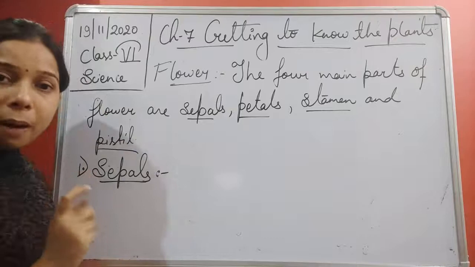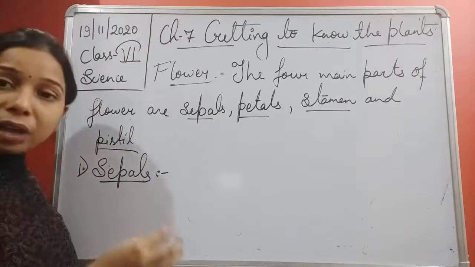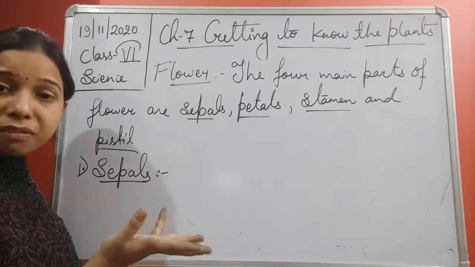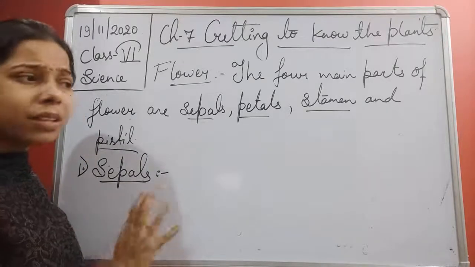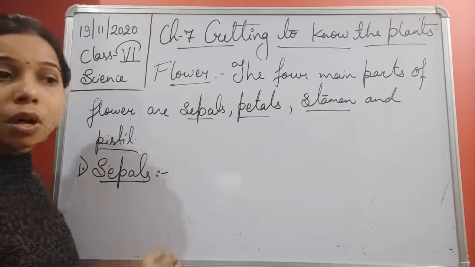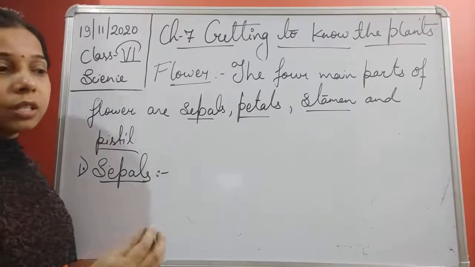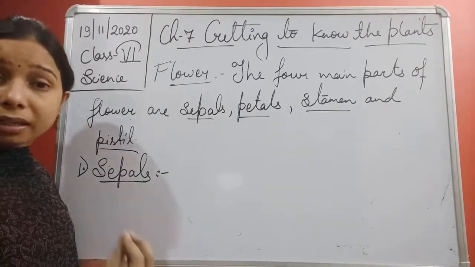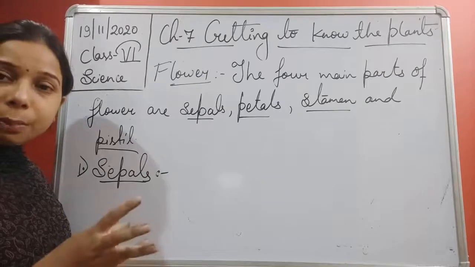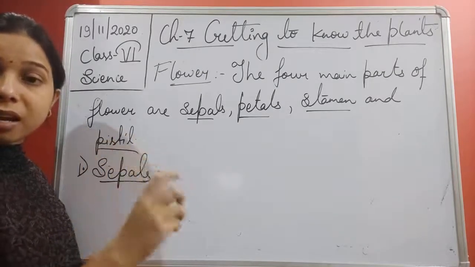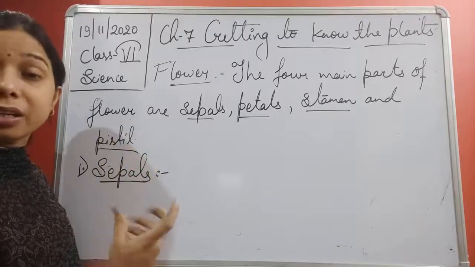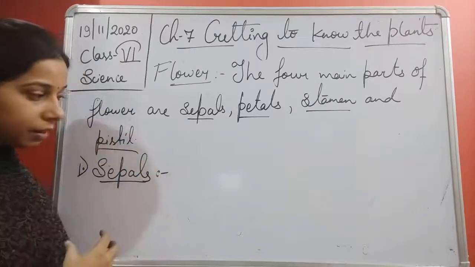And that green part which is attached at the base of the flower is known as the sepal. What is the role of the sepal, students? When the flower is at a bud stage, these sepals used to cover and protect them, because being the outer covering, it will protect the bud.